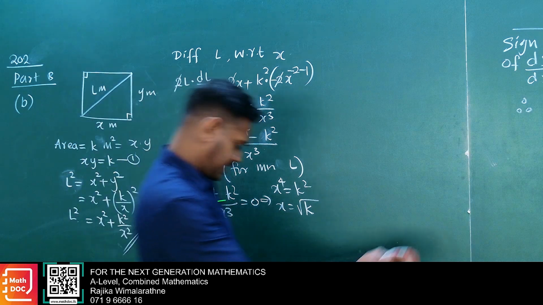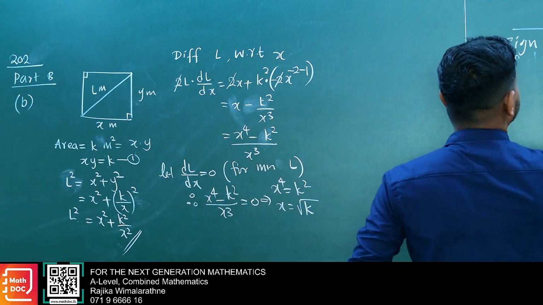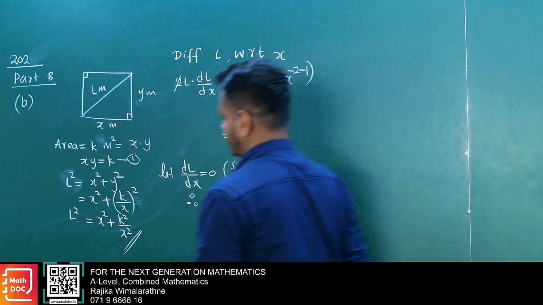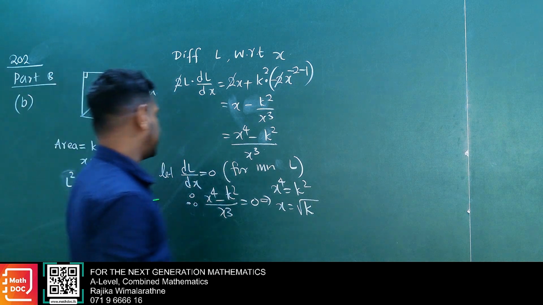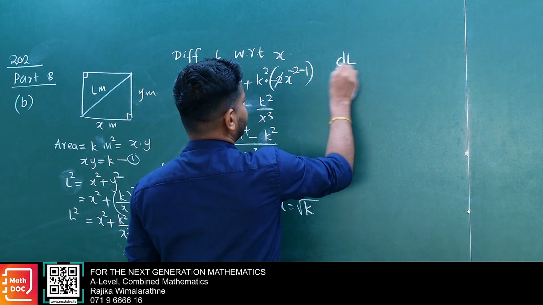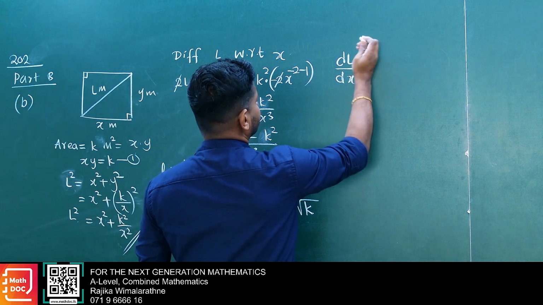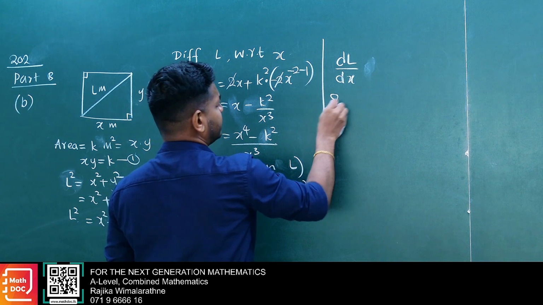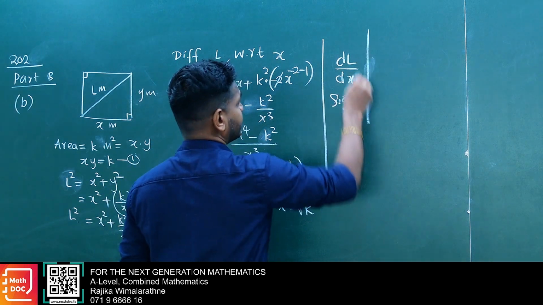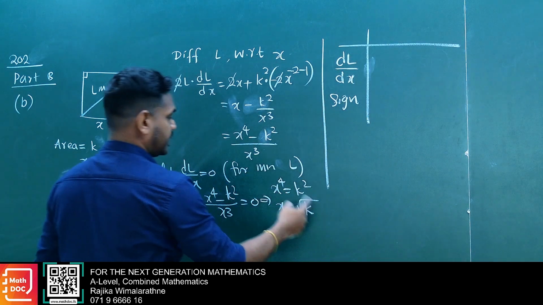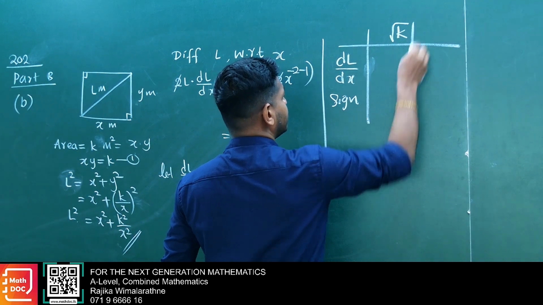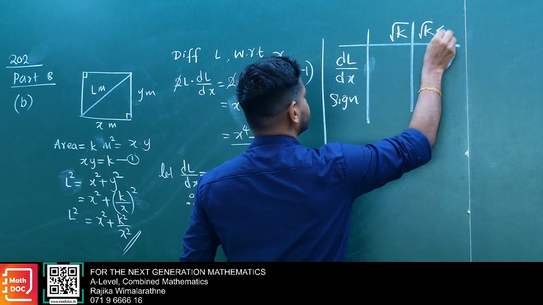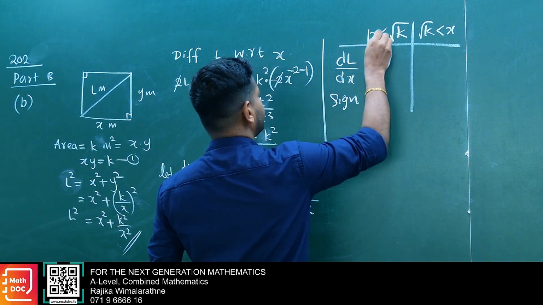Okay, that is the critical value. Then check the sign of dL divided by dx. Take the critical value root k, and check about this point.